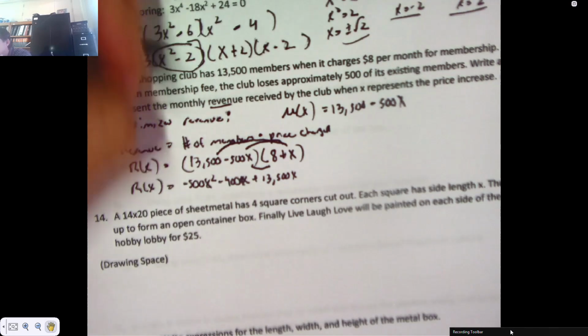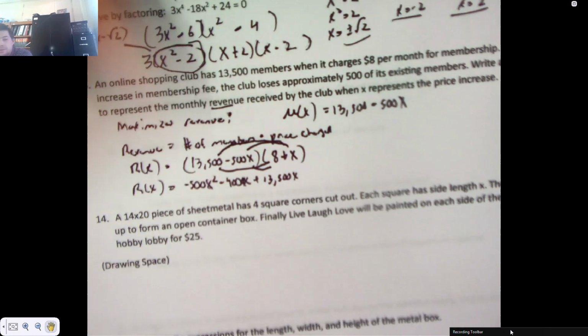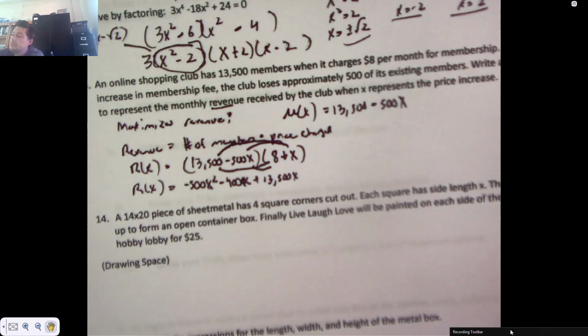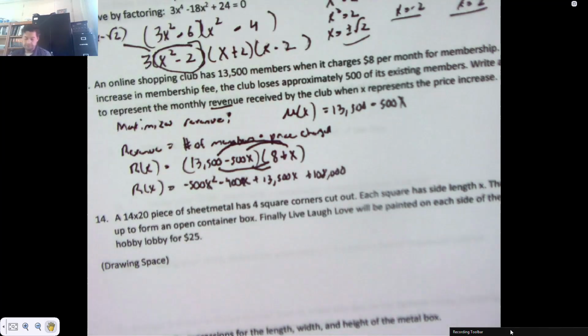That's what happens there. Then I've got this 8 times 13,500, which I am way too tired to be doing right now. I'm not going to. So let's see what my TI-84 says. Sorry, my phone says 13.5 times what, 8? 108,000. There we go.